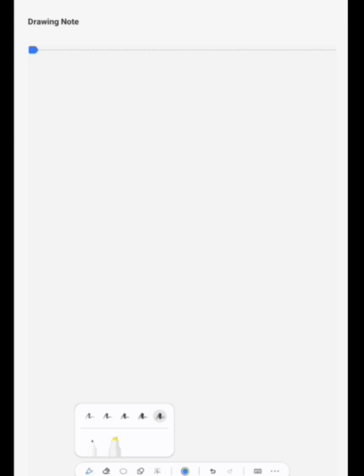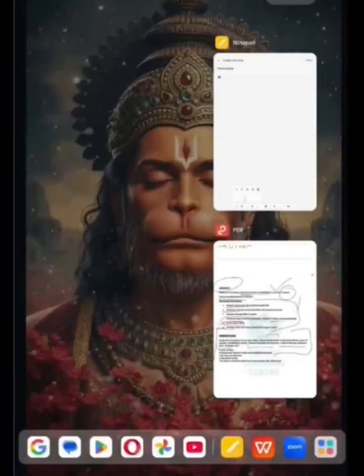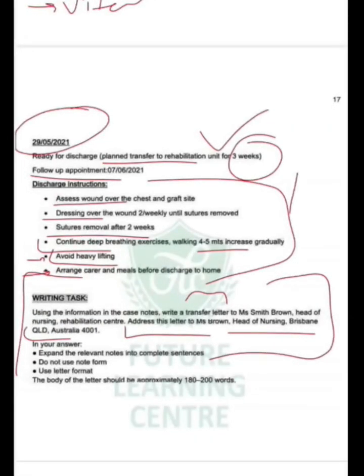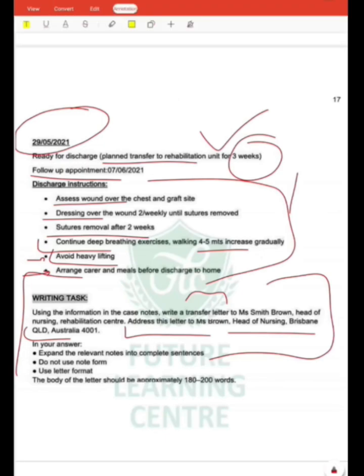So you need to write the address first. The address was to Miss Brown, or to avoid time consumption, we can just mark it here. In the first line, you will write Miss Brown. In the second line, you will write Head of Nursing, in the third line Brisbane QLD, and in the fourth line Australia 401, and you will leave a line after that.